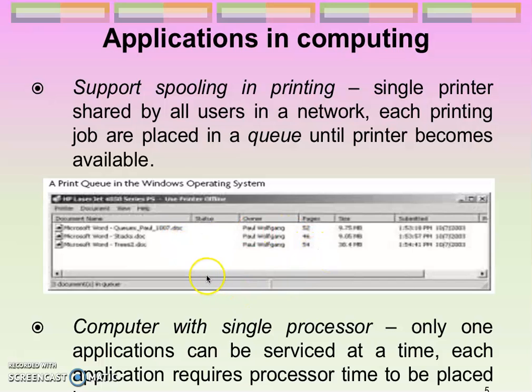Okay, another example is computer with single processor. Okay, only one application can be serviced at a time. Each application requires the processor to be placed in a queue. Okay, so macam nowadays we have multiple processors for our computers, right? But kalau komputer dulu-dulu, so untuk satu komputer dia ada satu processor sahaja.